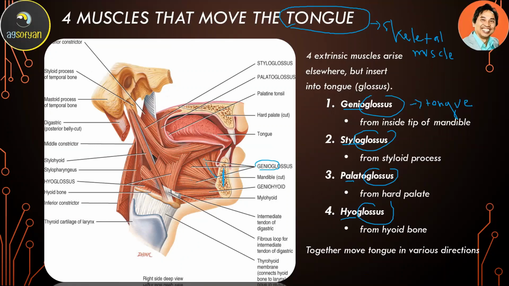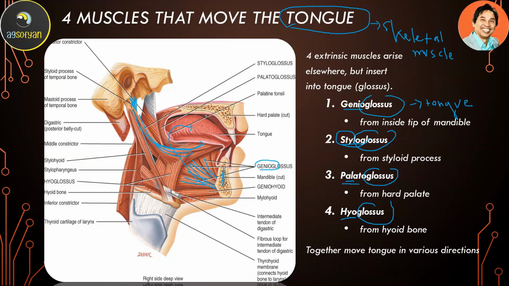The origin is coming from the mandible bone and then goes to the tongue, so this is the genioglossus muscle. Then the styloglossus muscle: the origin is coming from part of the temporal bone called the styloid process. This gives the origin for this muscle, so it is called the styloglossus muscle.